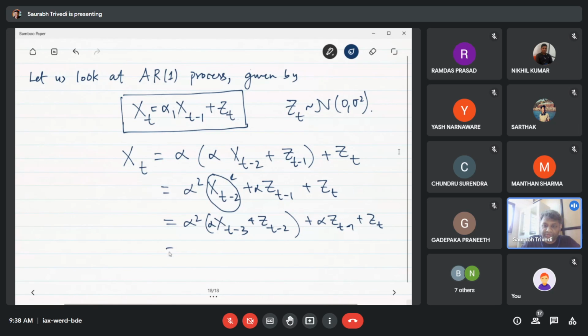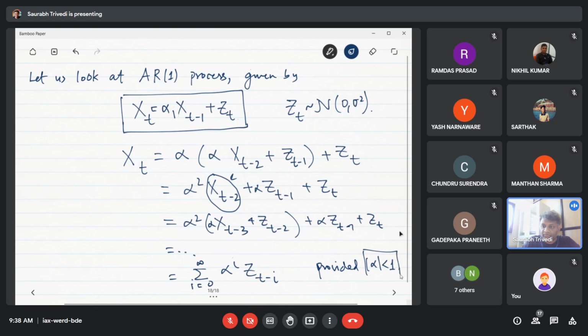And I can continue in this way. So finally what I will get is the summation i equals 0 to infinity alpha to the power i zt minus i. And this we can do provided we have mod of alpha less than 1.